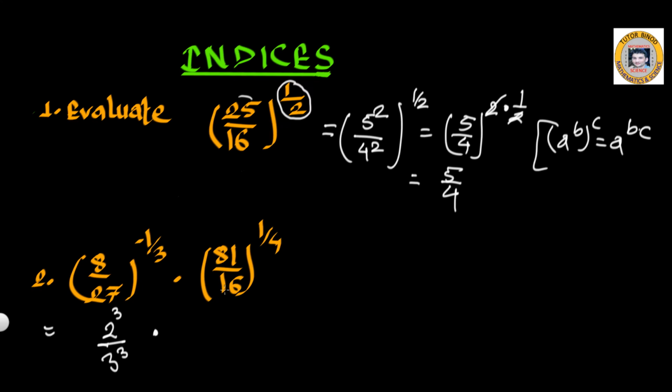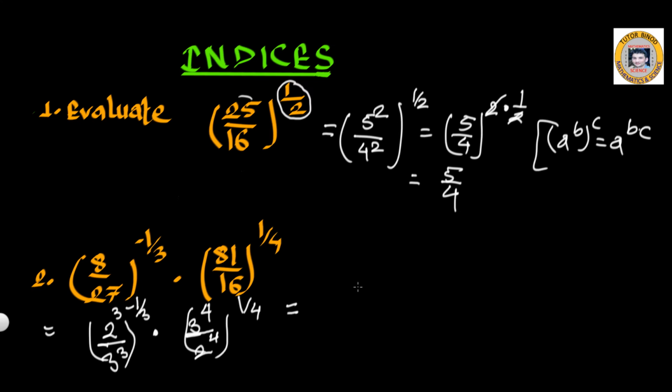I hope you did. Let's see. 81 is 3 to the power 4, because 3 times 3 is 9, times 3 is 27, times 3 is 81. Similarly, 16 is 2 to the power 4, and we have the power 1/4 over here. Similarly, for this one, we have the power negative 1/3.